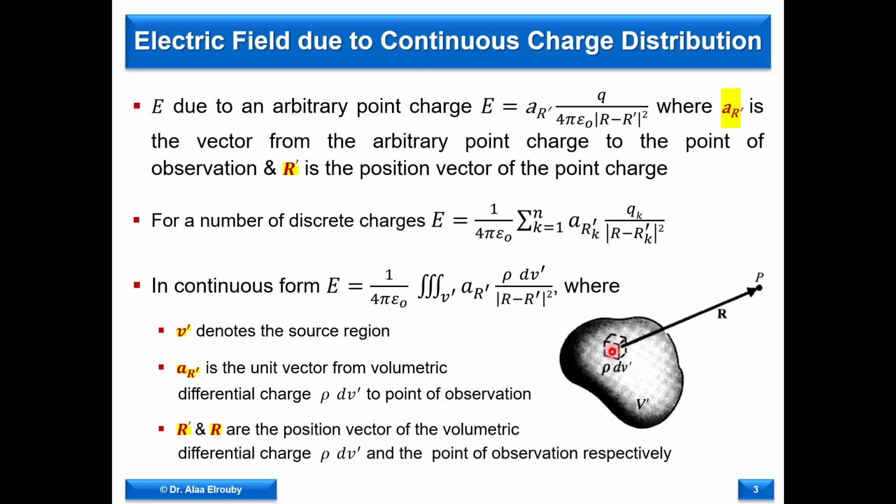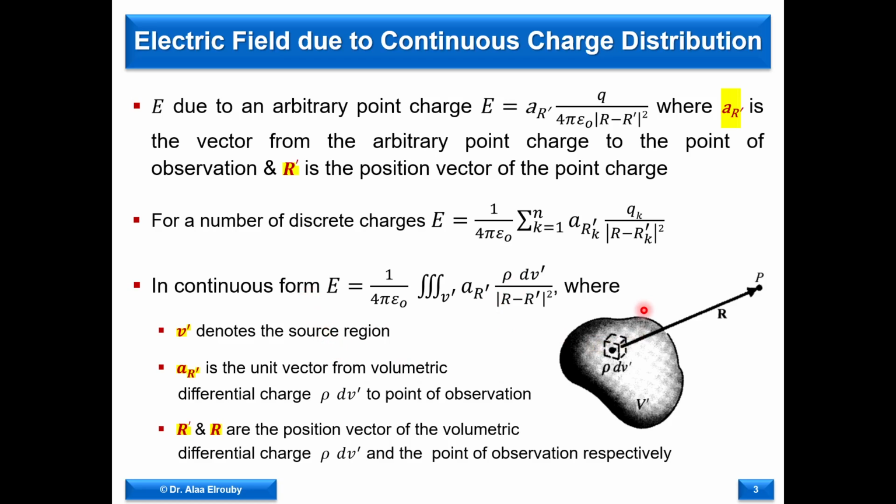And remember that we denote the region for the charge distribution, or the source, by the prime symbol, while the observation point is unprimed.